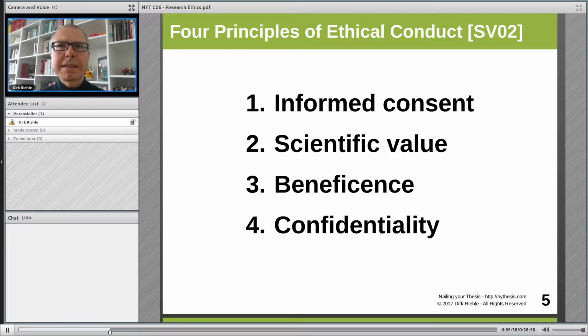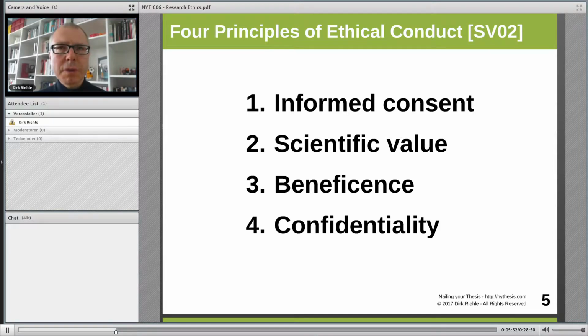So let's look at this in more detail from the perspective of how to perform ethically sound research, because that's what you want to do ultimately. Here are the 4 categories that I took from the Singer and Winston paper from the course reader.